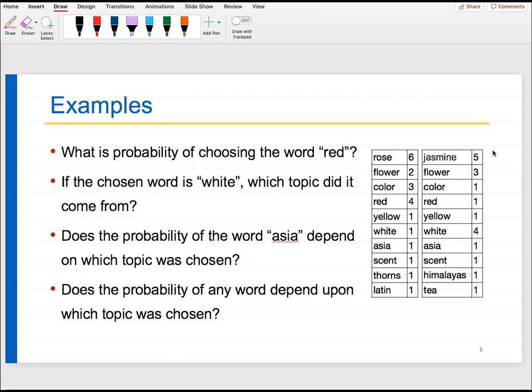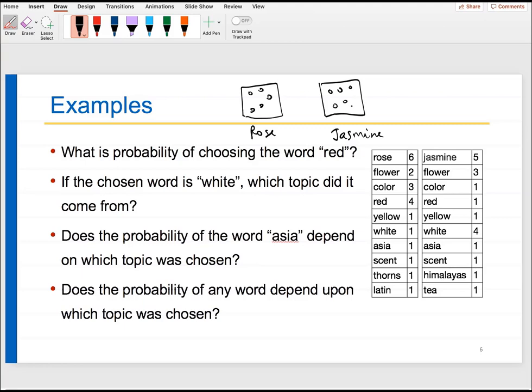So basically what we are referring to is we have got two topics. One is rose, the other topic is Jasmine. These are like two baskets or two bags in which there are words. There are so many words in these baskets.